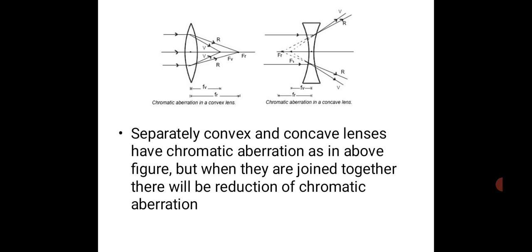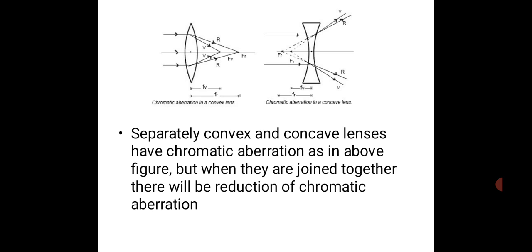That is, violet and red light will be separated due to the change in refractive index of the lens. Then violet rays are going to meet at FV and red rays at FR as shown in the figure. Similarly, when you consider a concave lens, here also you have FR and FV, which are assumed to meet at different positions.